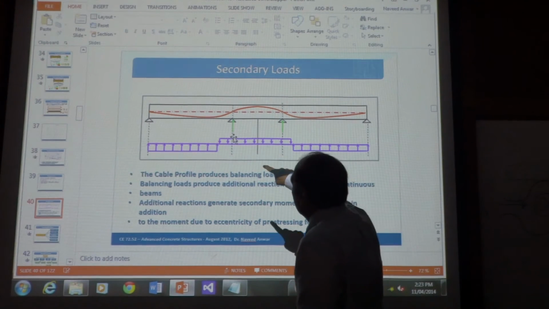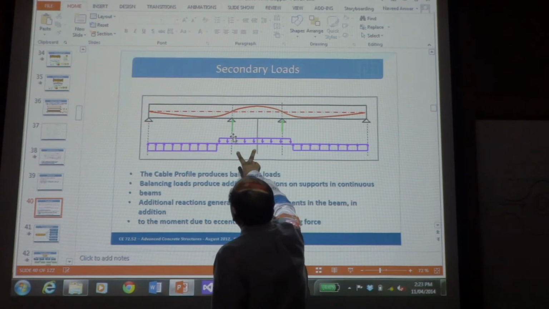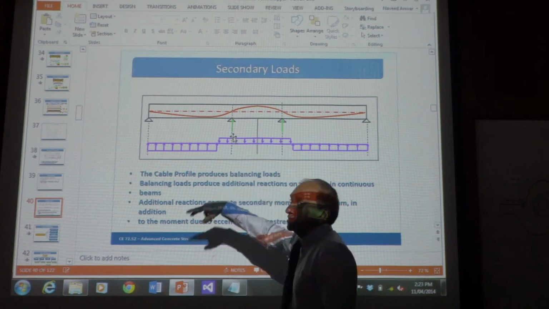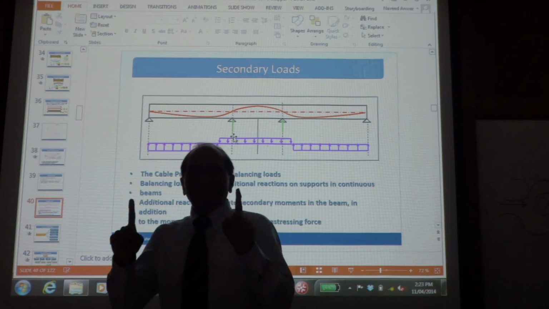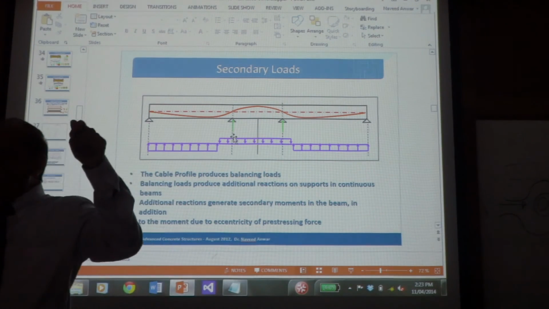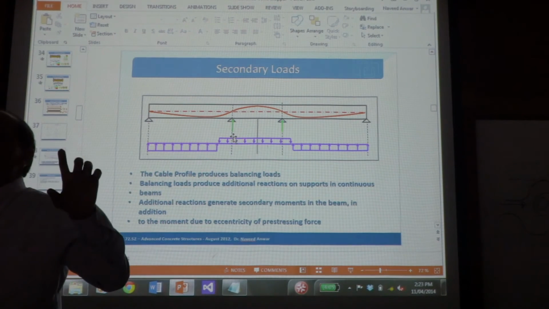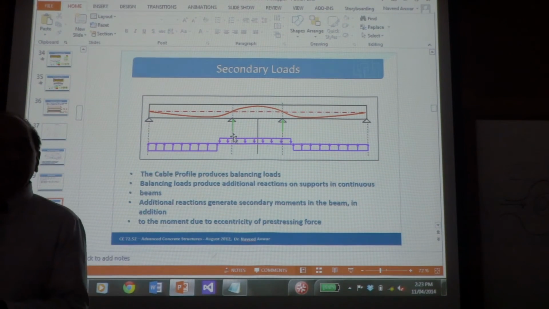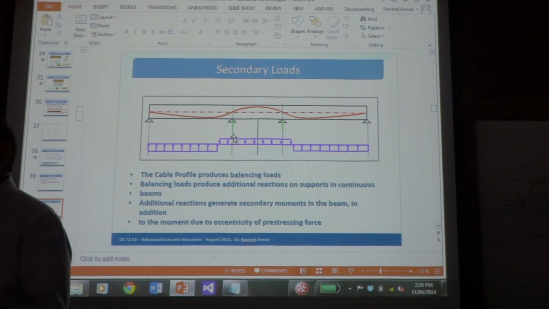But here, the vertical reactions can exist because some reactions will become positive, some will become negative, and the net will still be zero, but there will be reactions up and down, and there will be loading generated up and down.